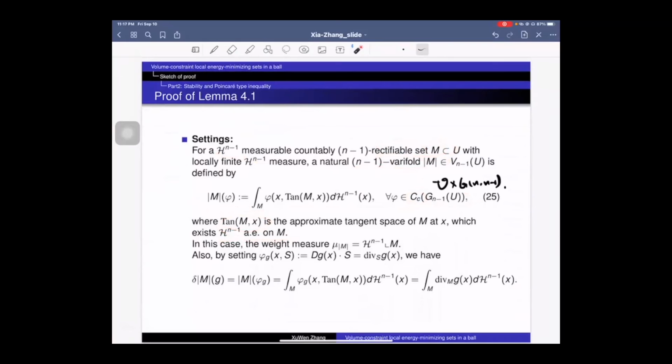And in this case, we can check that the weight measure of such a varifold is simply the Hausdorff measure restricted to M. And also, we can check that the first variation of such a varifold, taking in some smooth vector field with compact support G, is given by this formula.